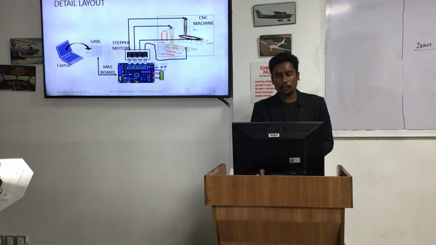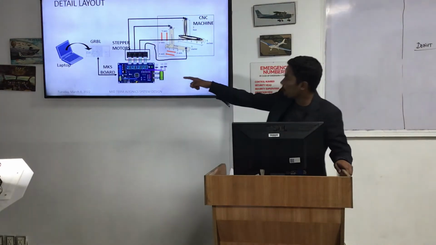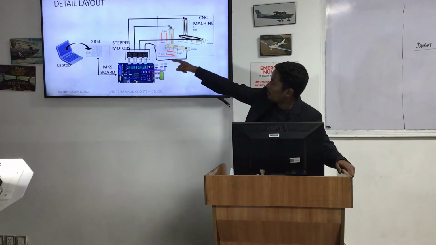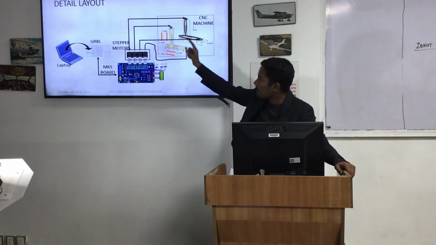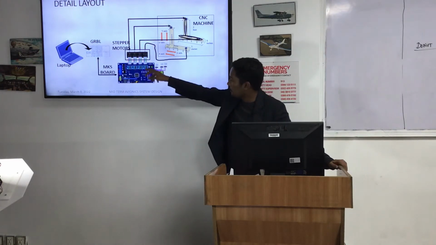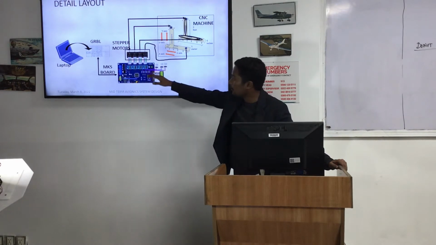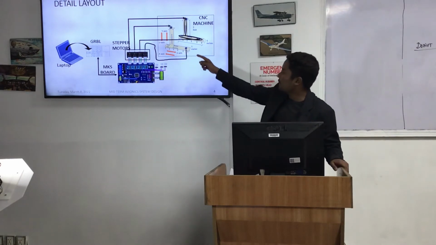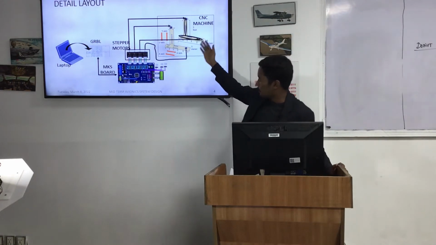Now the detailed layout of our project. As you can see, there is a laptop on which the GRBL software is running. The MKS board is connected with the laptop, and there are the DRV8255 drivers, which are stepper motor drivers. The stepper motor drivers are placed on the MKS board and the motors are connected with the drivers, and then later they are connected with the machine.